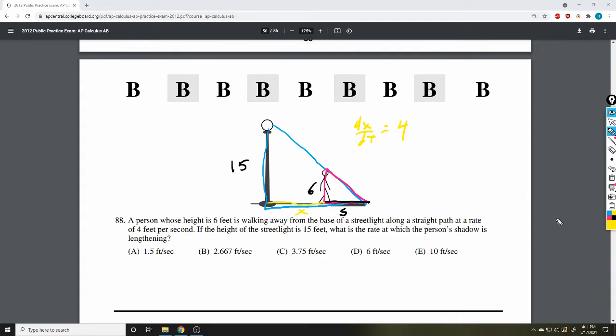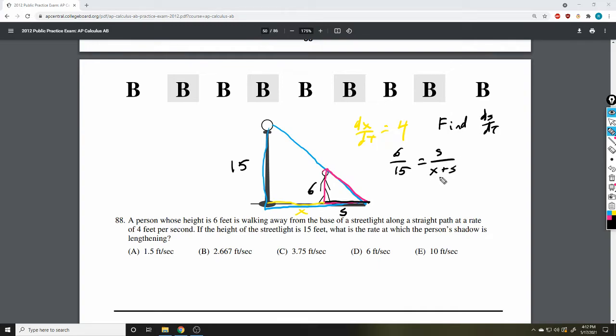And we are trying to find ds/dt. So we can use similar triangles to solve this. 6 over 15 equals s over x plus s.